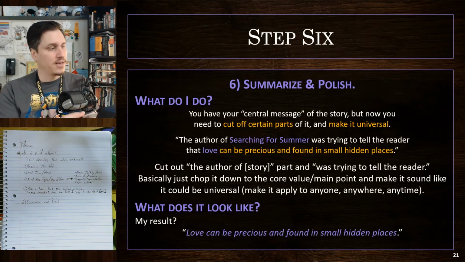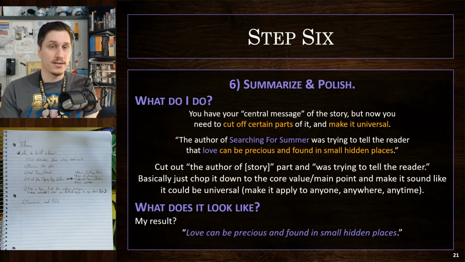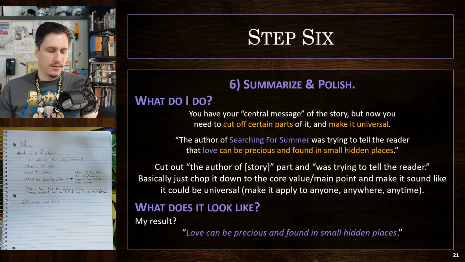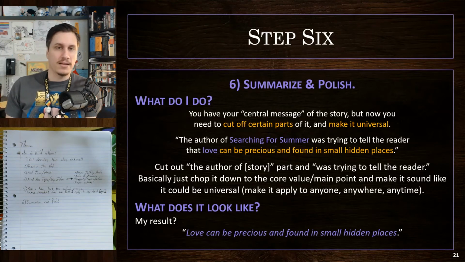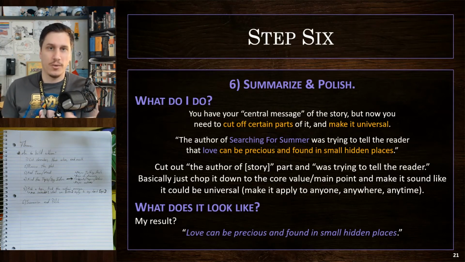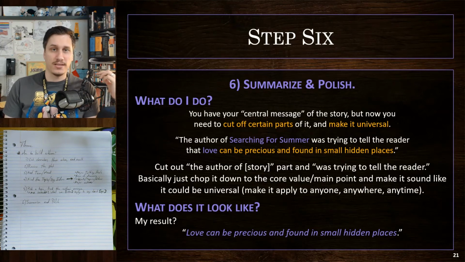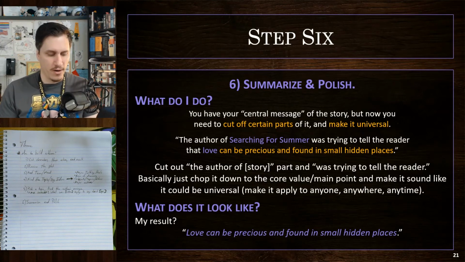Now, that concept, that love is precious and can be found in small hidden places, basically means that love doesn't have to be complicated. A romance can be a small, simple gesture or place or whatever. That idea is really universal. A lot of people from many different countries and walks of life can experience something like that. So that's why it works.